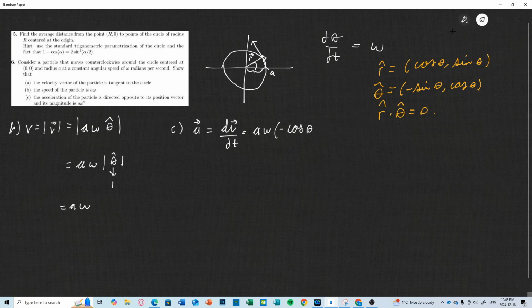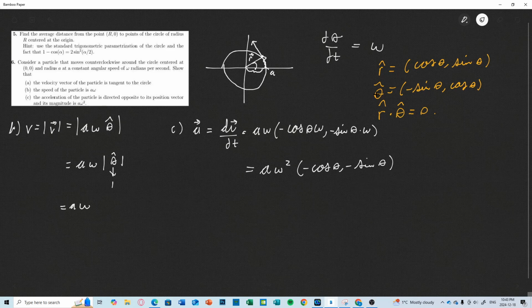Since we have to do the chain rule, it's going to be omega, and then it will be negative sine theta multiplied by omega. Now if we factor out the omega, this makes us a omega squared and negative cos theta, negative sine theta.